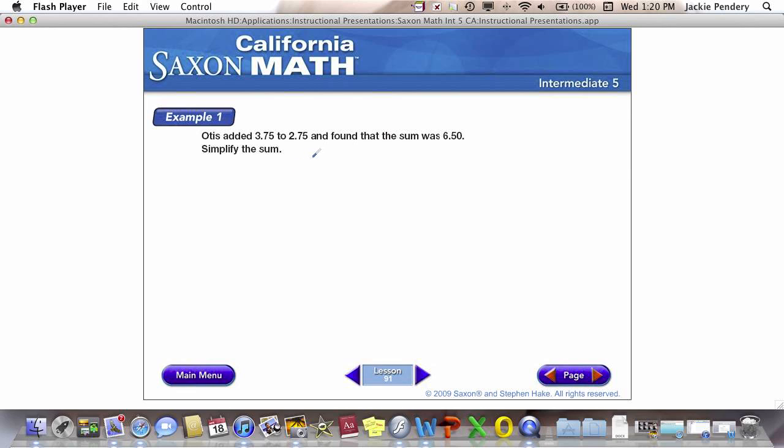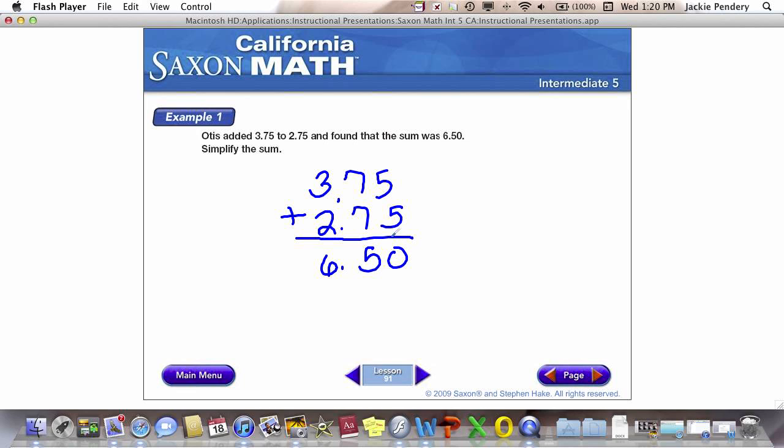Let's look at this problem. Otis had added 3.75 and 2.75, and he found that the sum was 6.50. Well, we know that 0.50 in a fraction means 50/100ths.